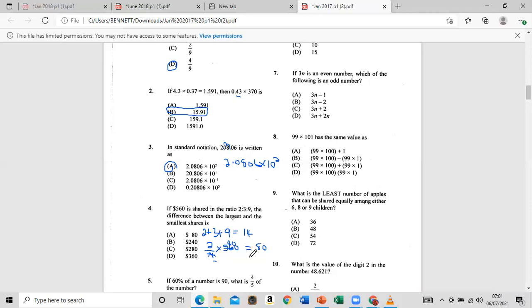Alright, so what this means is that 2 shares is equal to 80. So it means that 1 share is 40. So for the largest share, it will be 9 times 40. So the largest share would be 9 times 40.